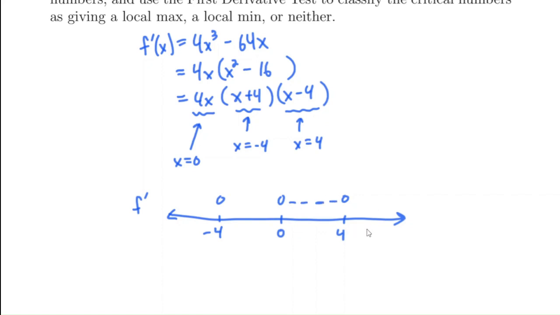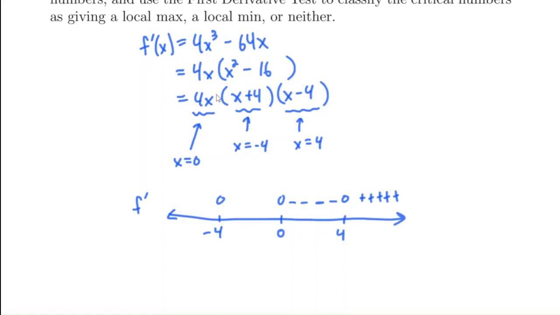If we pick a number bigger than 4, let's say 5 or 100, just any number bigger than 4, plug it in for x, that will be positive. Plug it in here, that will be positive, and that will be positive. So in all those cases, you get positive. Any number bigger than 4, if you plug it in, f prime will be positive. Now, between negative 4 and 0, pick a number like negative 2.